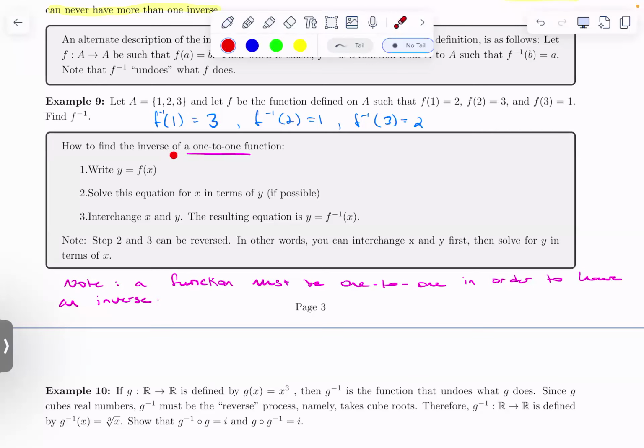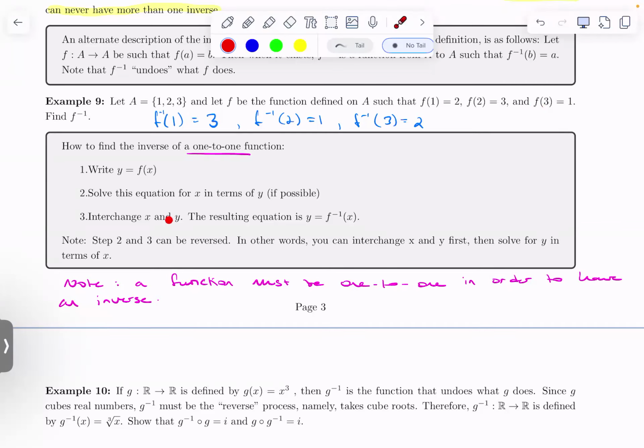Then to find the inverse of the one-to-one function, first thing you're going to do is write y equals f of x. So just write out the function in terms of y. And then you can solve the equation for x. So just rearrange everything, solve for x, and now your input is the y's, right? Your input is the y and the output is the x's.